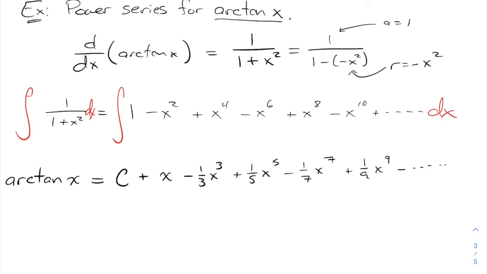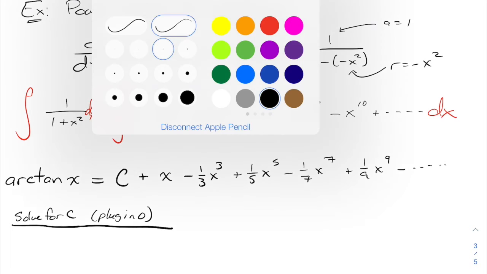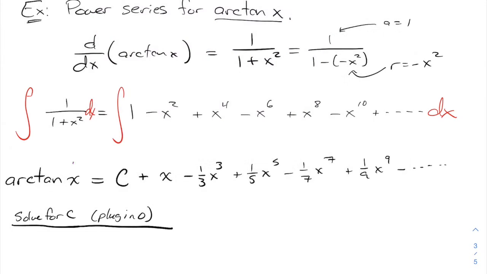Now, before we do anything else, let's find what this c is. We can do that by plugging in 0. If I plug 0 into both sides of this, we get a 0 here and a 0 for all these.